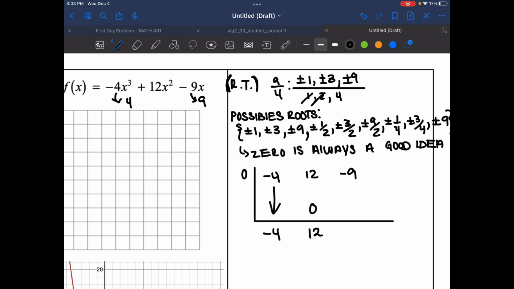So I'm going to do -4, 0, 12, 0, -9. I am going to put a placeholder 0 because this would be plus 0. And that would be 0, 0.